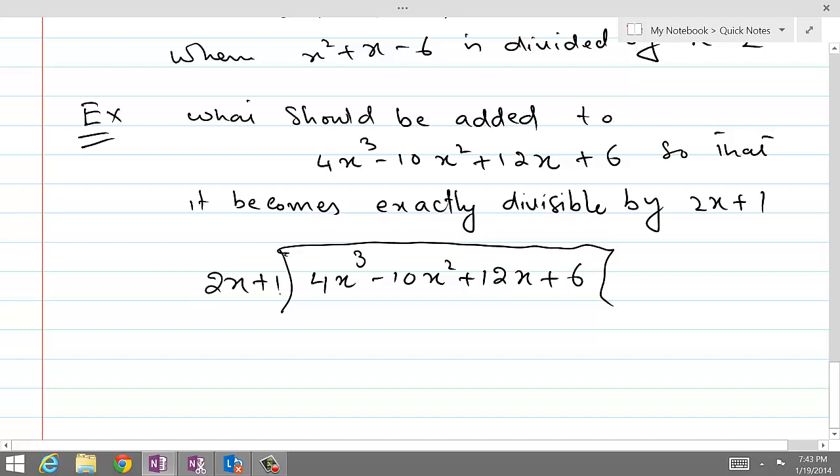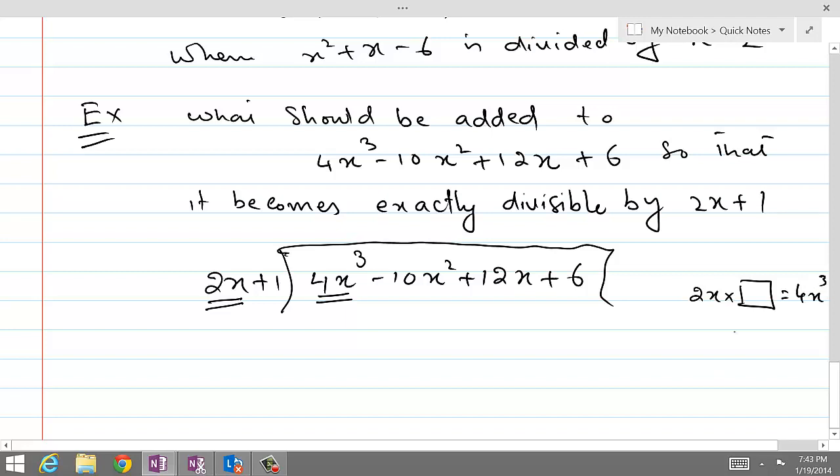And what is the number that we should multiply 2x with in order to get 4x cubed? 2x multiplied with what to get the answer 4x cubed?